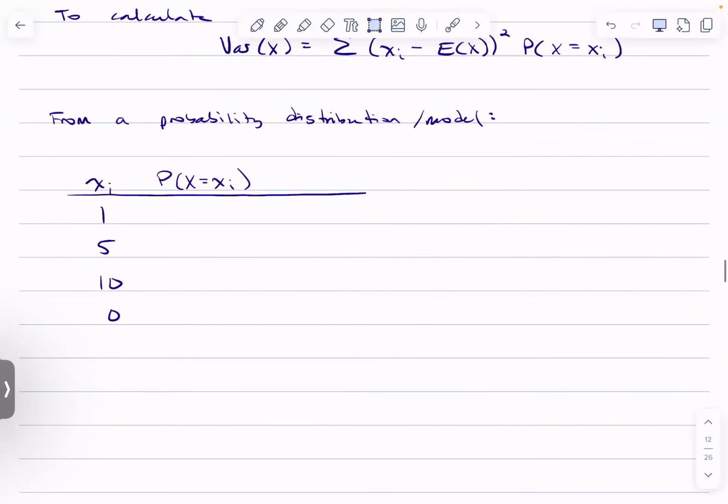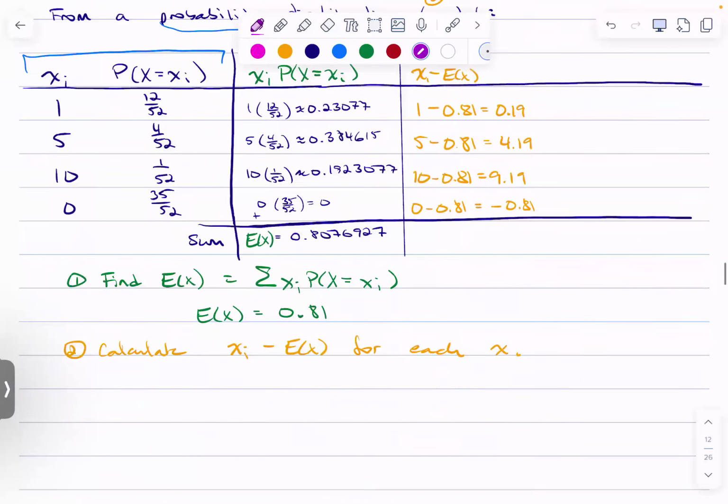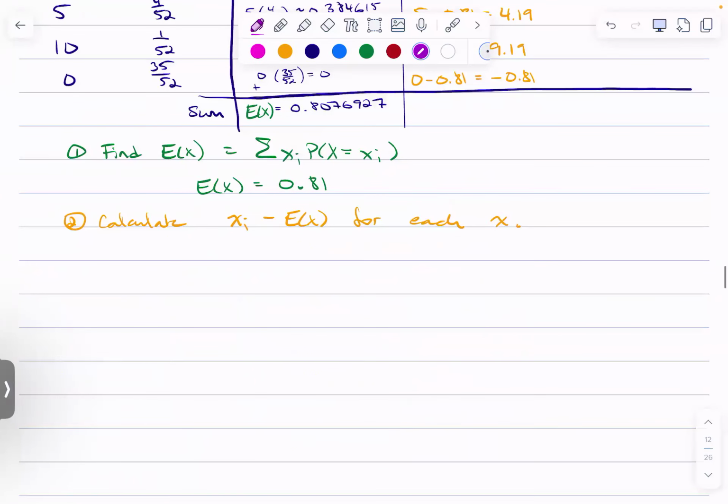And so that leads us to the next part where we take each of the values we just found and we have to square them. Now, what color can I use here? How about purple? Square each deviation.